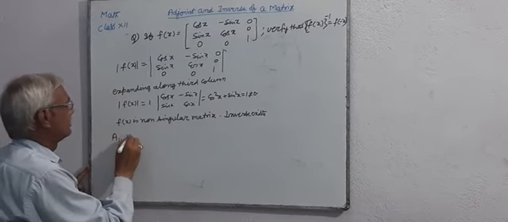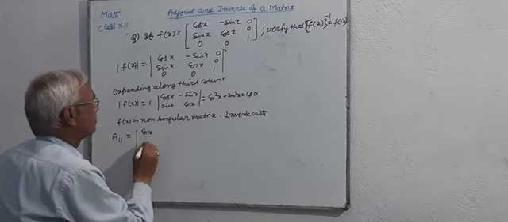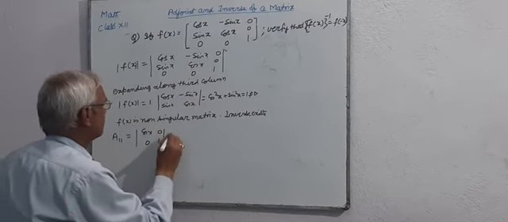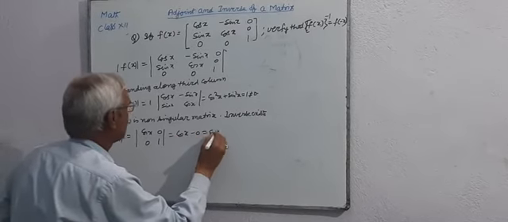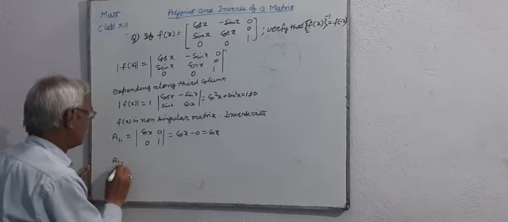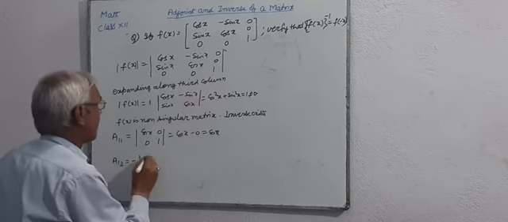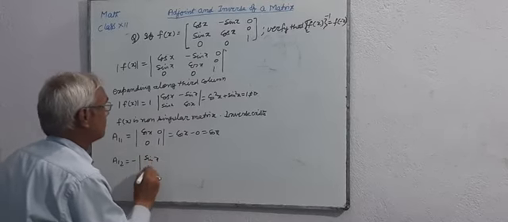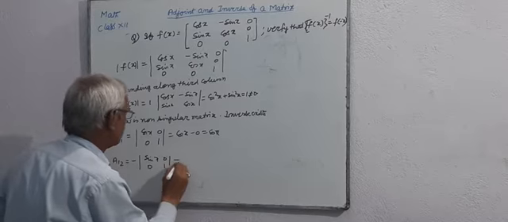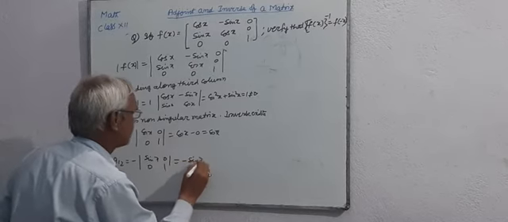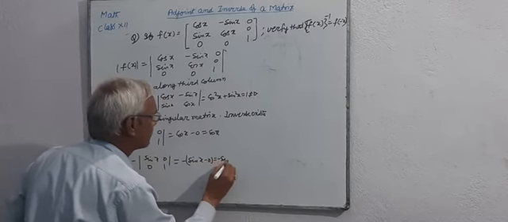A11 equal to cos x, 0; 0, 1, equal to cos x minus 0 equal to cos x. A12 equal to minus sin x, 0; 0, 1, equal to minus sin x minus 0 equal to minus sin x.